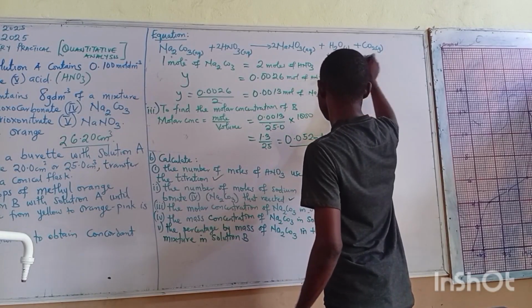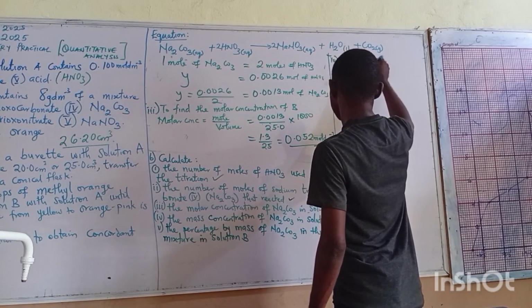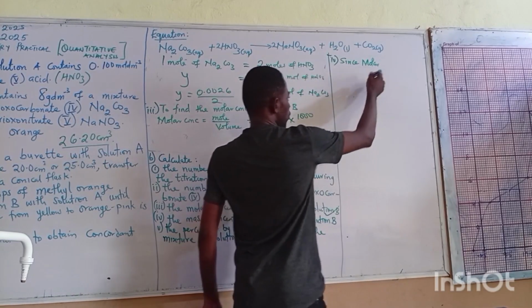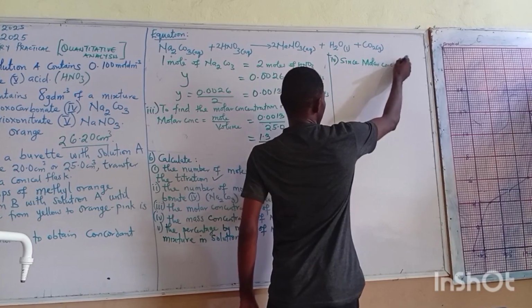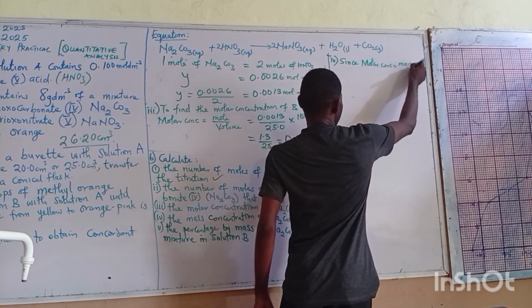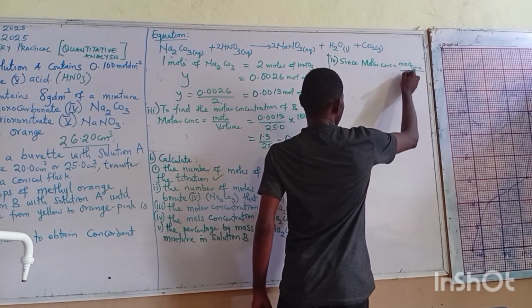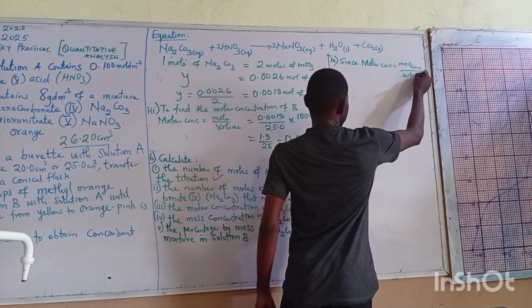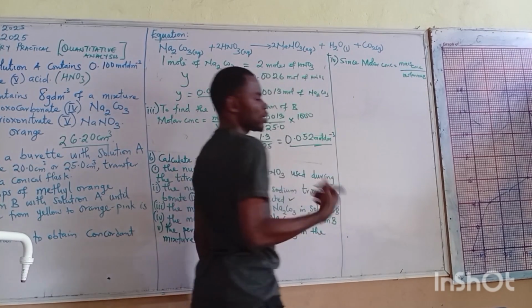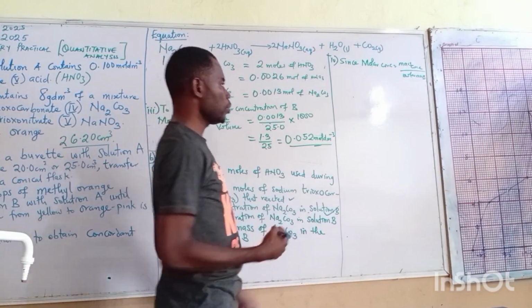Since molar concentration is equal to mass concentration over molar mass, the next thing we ask ourselves is what's the molar mass of sodium carbonate? Let's calculate that.